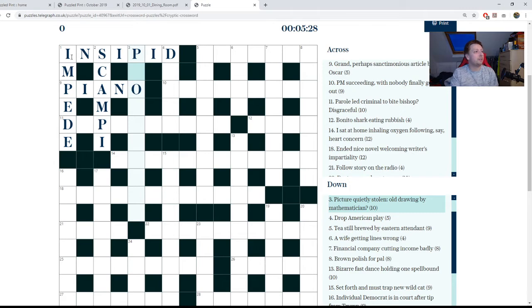Anyway, 3 down. Picture quietly stolen. Old drawing by mathematician. Picture quietly stolen. Old drawing by mathematician.